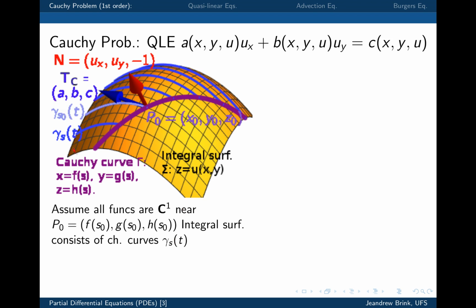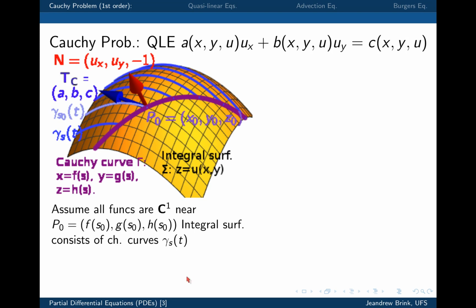You have gamma S that starts at this point of the Cauchy curve. You have this other gamma S0 that's going through the very special point that we're considering, and you have this whole array. So this yellow integral surface is formed by almost a quiver of these characteristic curves.